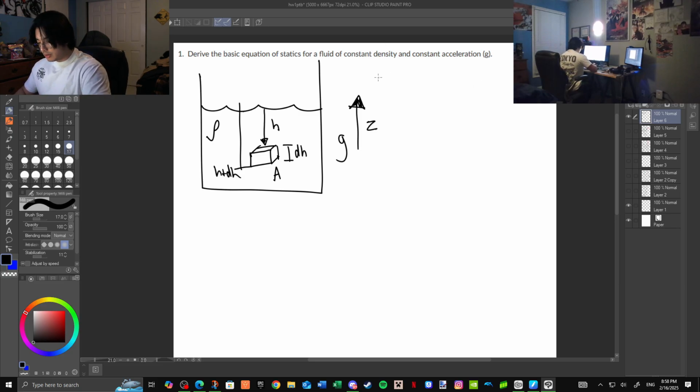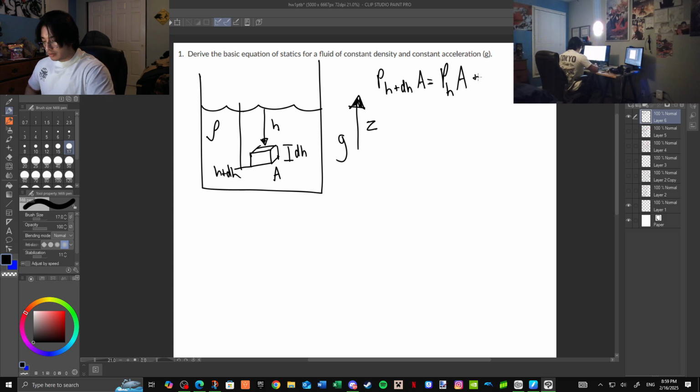The pressure at h plus dh times the surface area gives you the force acting on the bottom of the figure. For the top, it would be the pressure at h, the top of the figure, times A again.